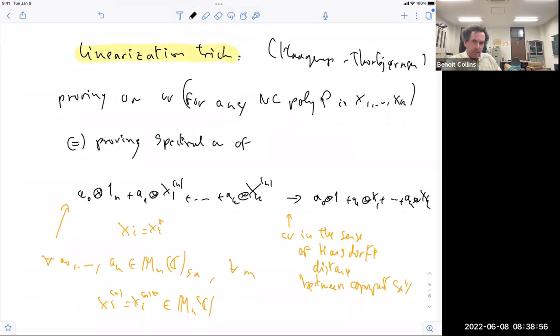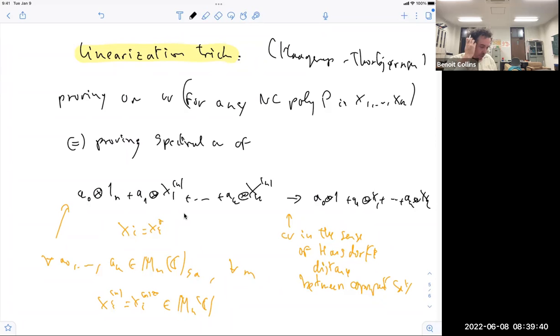Initially we have to check the convergence of the norm for a polynomial, which is of arbitrary degree, so not linear in X. It is called the linearization trick because now we just have to check some spectral properties, a little bit more than the information of the norm, but just for degree 1 polynomials. The trade is that in exchange for that we have to accept to deal with matrix coefficients.